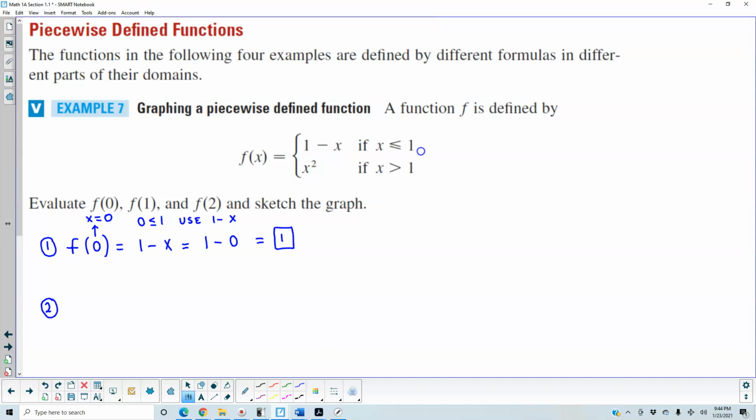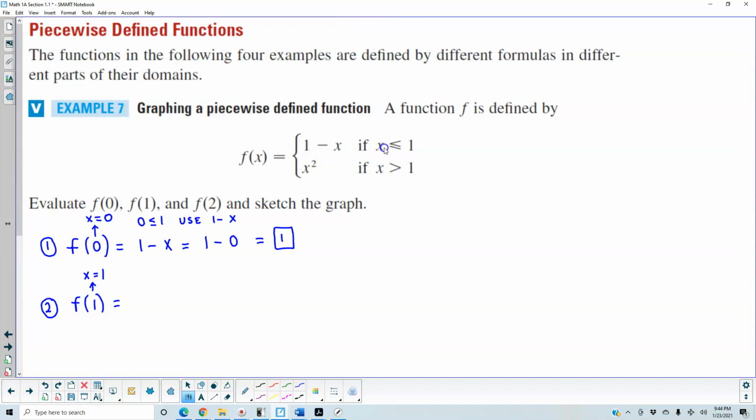Number 2, we're going to find f of 1. That tells us that our input x is equal to 1. So if we take a look over here now, is 1 greater than 1? Well, that's false because it has to be equal to. You can't say that 1 is greater than 1 because they're equal to the same thing.